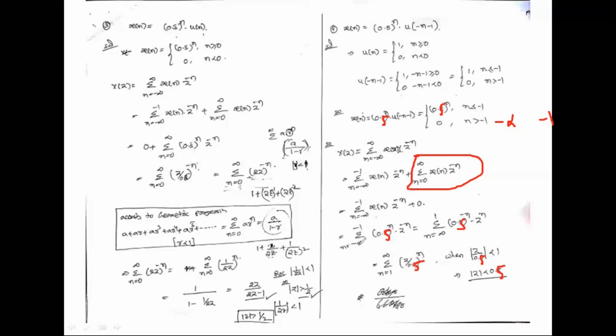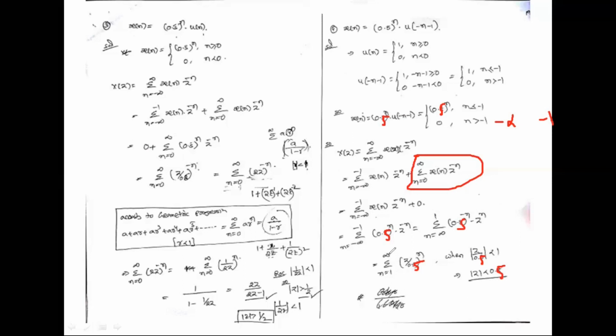Changing the limits of the n values from negative to positive, and the powers also change from positive to negative, negative to positive. So minus 1 becomes plus 1, minus infinity becomes plus infinity, (0.5)^-n, and z^-n becomes z^n. So the limits' signs change, and the power also changes in that summation.